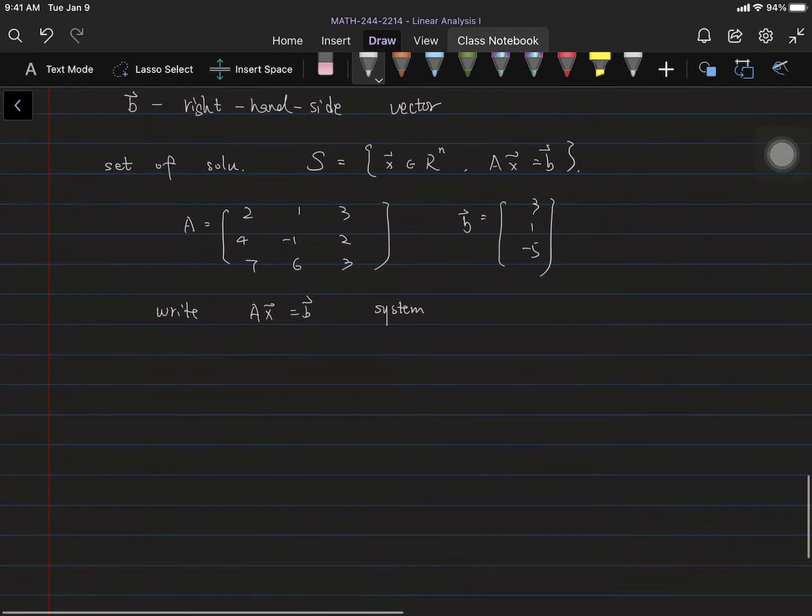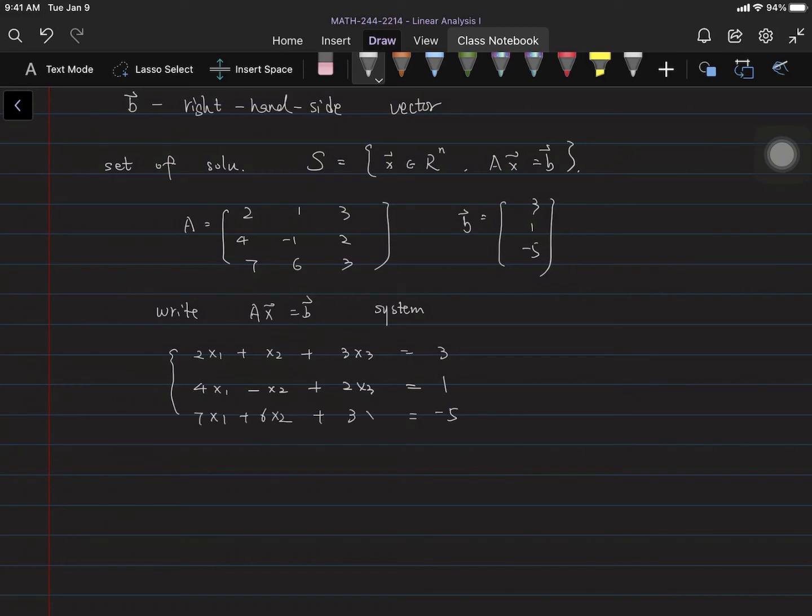This means 2x1 plus x2 plus 3x3 equals 3, the first equation. Second, 4x1 minus x2 plus 2x3 equals the second number in the b vector, which is 1. And the last row: 7x1 plus 6x2 plus 3x3 equals negative 5.